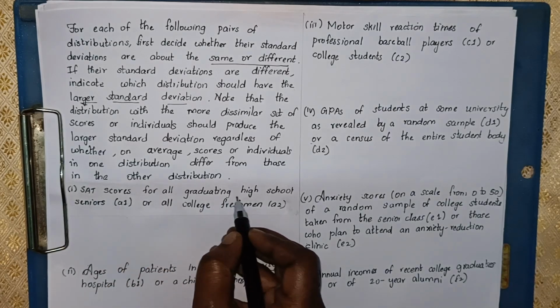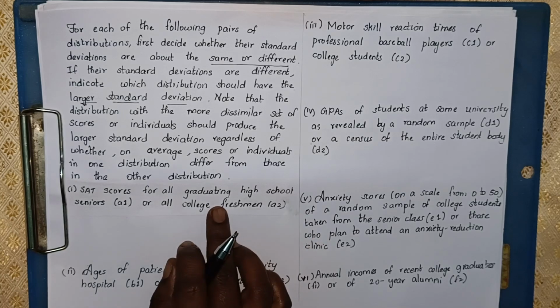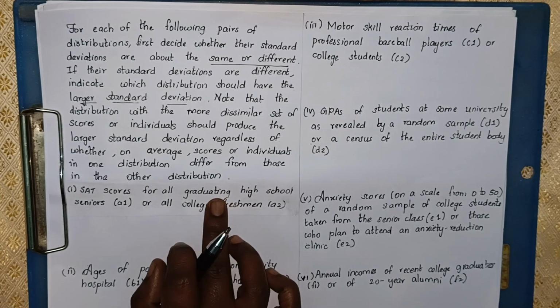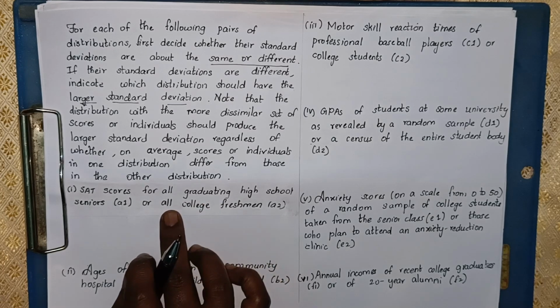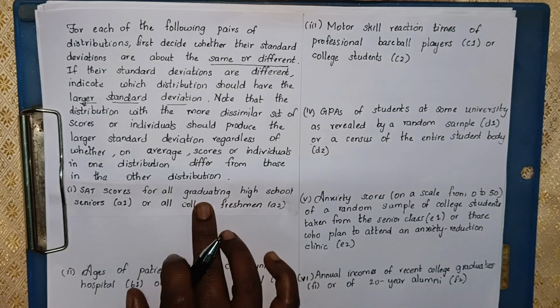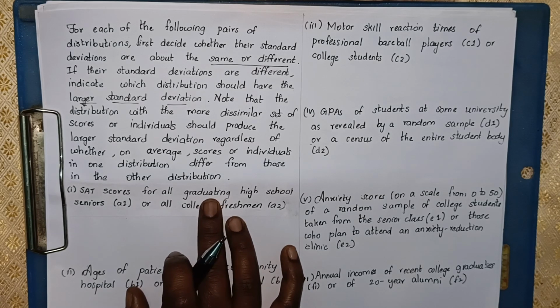SAT scores for all graduating high school seniors, A1, or all college freshmen, A2. Now these two groups are writing the SAT exam. One is graduating high school seniors. Their SAT scores will be nearly the same, almost similar, because all the people have almost the same knowledge level.